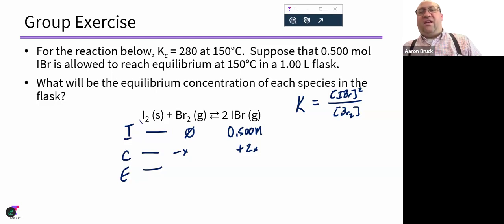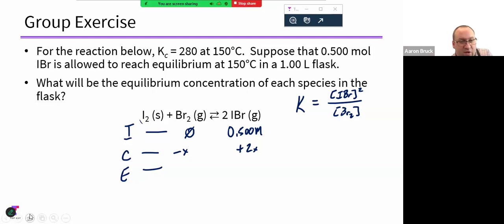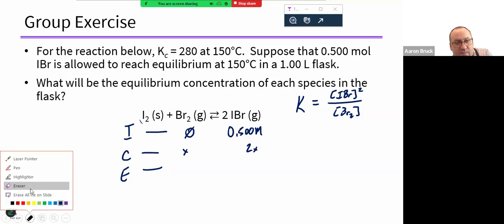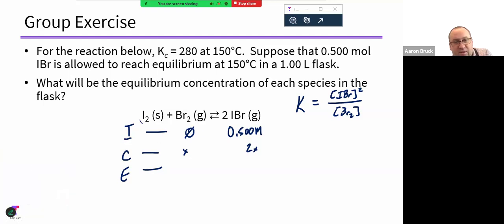So what we have to remind ourselves of is, yes, equilibrium is reversible. It can go the other direction. So in this case, we started with all product. We're going to shift toward the reactant side. So the x and the 2x are correct, but we've got the wrong signs on them.